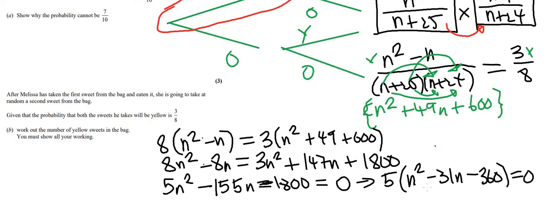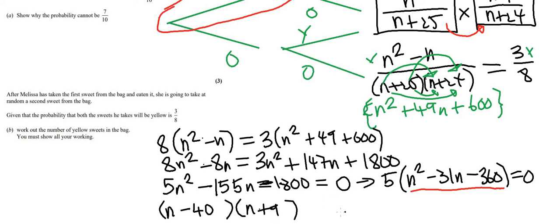Now all we're doing is solving this equation, because it will have the same solutions. We need to try and factorize this. We need to find two numbers that add up to negative 31 and multiply to give negative 360. If you've got a clever calculator, that will do it for you, but we can work out that's minus 40 and plus 9.